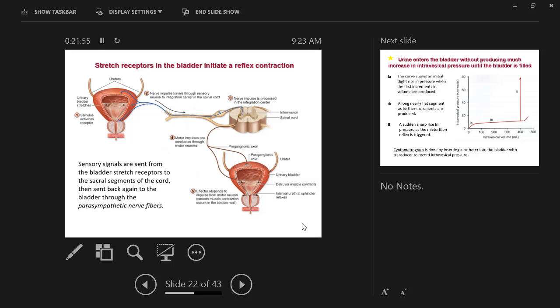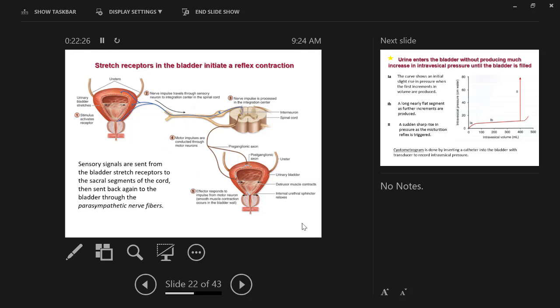And then number 2, nerve impulse travels through sensory neuron to integration center in the spinal cord. So sent to here. And the nerve impulse is processed in the integration center. The integration center is inside the spinal cord. And then motor impulses are conducted through motor neurons. So sent all the way.